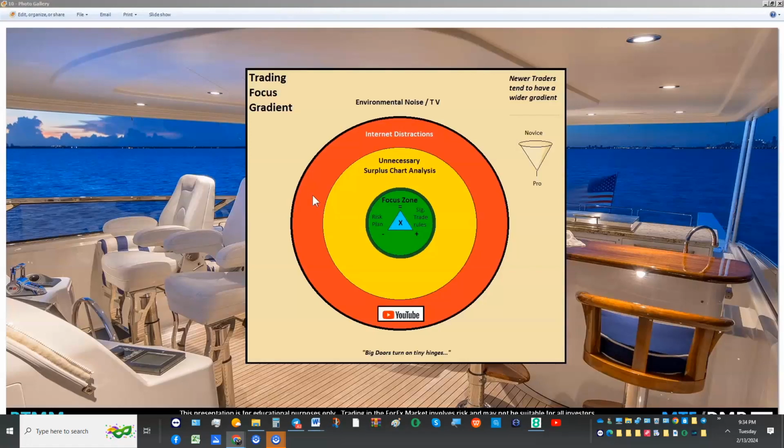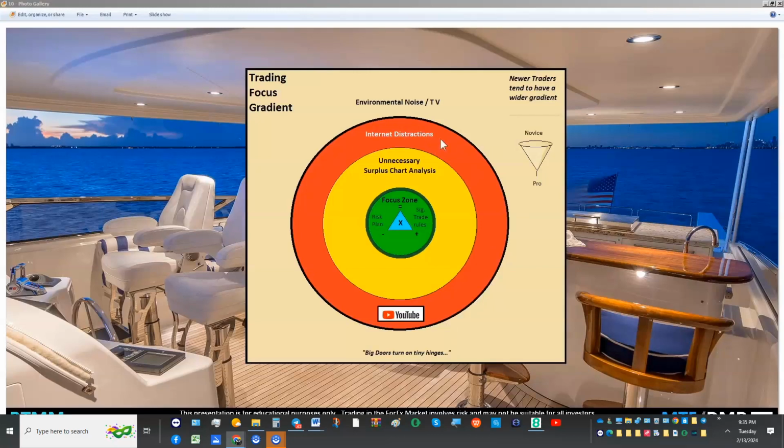It's absolutely vital that you're really narrow and focused if you're trading the M1 chart. Same thing with the 5-minute. Things happen real quick. And when something gets away from you and you're watching a YouTube, well, that's the reason that it got away from you. So we want to eliminate this outer circle of internet distractions.